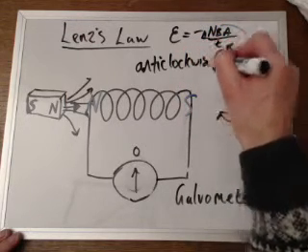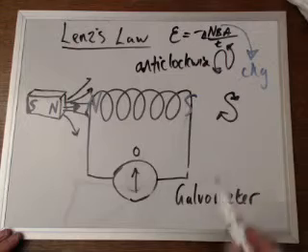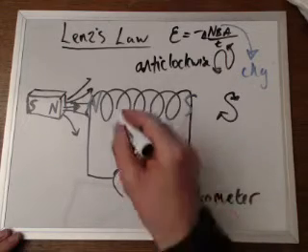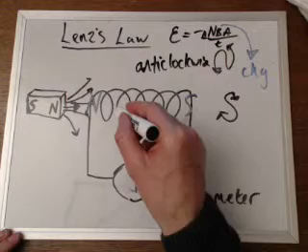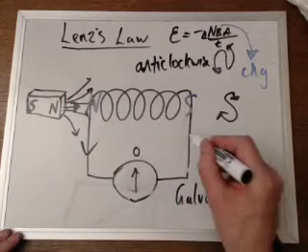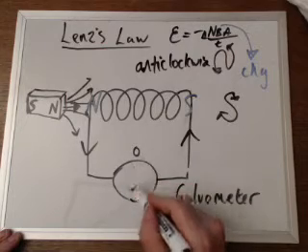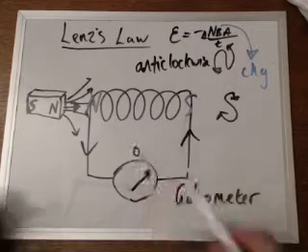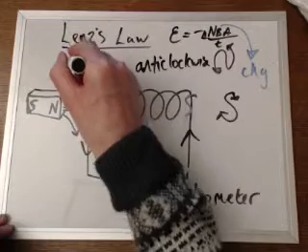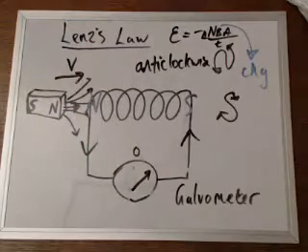So therefore, if it's flowing in an anti-clockwise direction, we should see that it's flowing in this direction, and the galvanometer should deflect in this direction whilst the magnet is moving towards it in that direction, like that, with velocity v. Okay, that's one situation.